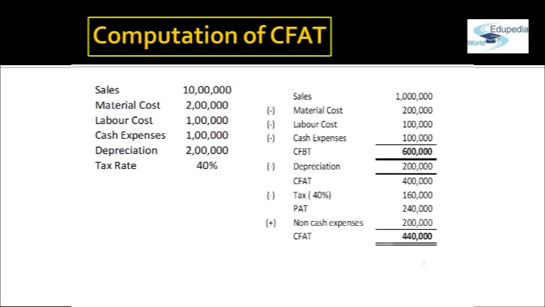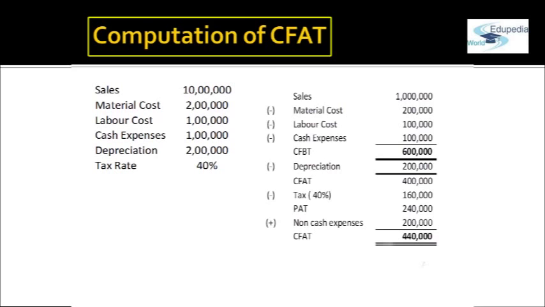So we'll first compute the cash flow before tax, excluding depreciation, which gives us that CFBT is 6 lakh rupees. Now, since the tax is imposed on the profit after depreciation, we'll reduce depreciation of 2 lakh rupees and then apply the tax amount. The tax amount will be 40% of it. So we get a profit after tax of 2 lakh 40. In this, if we add back the non-cash expense, we'll get the cash flow after tax.